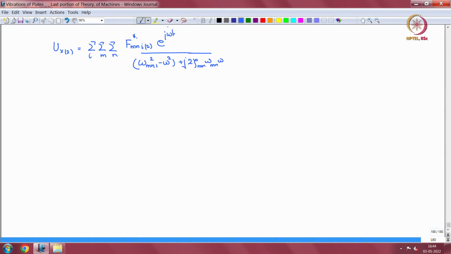So this part is now eta mn, and then the mode shape, which is a m n I by b m n I cos m pi x by L sine n theta.